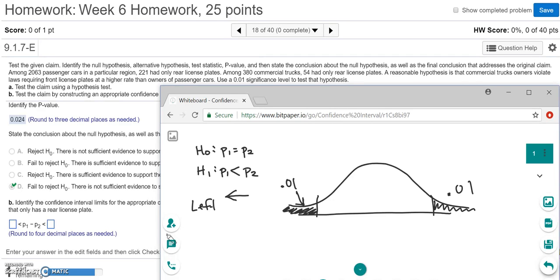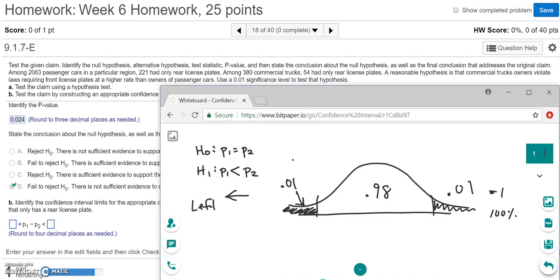Well, if I have 0.02 outstretched between the two tails, and the area under the entire curve is 1 or 100%, that means that left here in the middle is going to be 0.98, right? 0.01 plus 0.98 plus 0.01 is going to equal 1, which is equivalent to 100%, right?